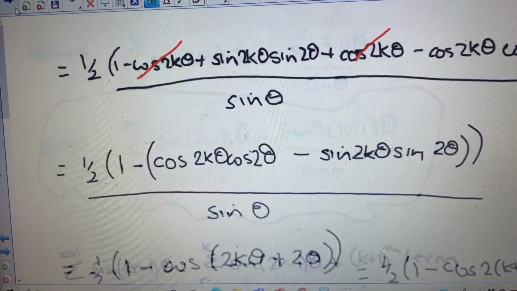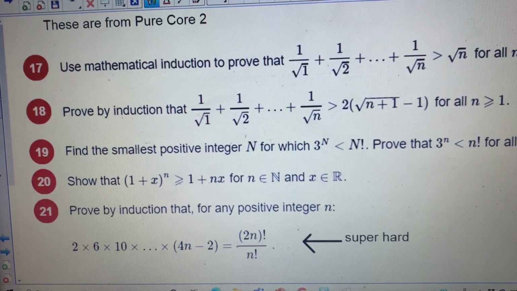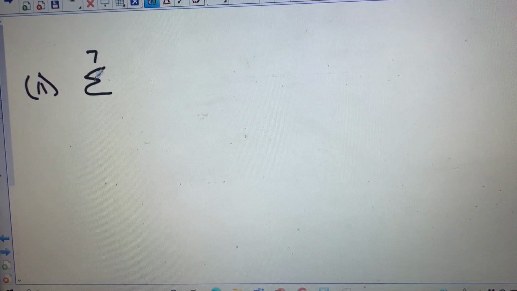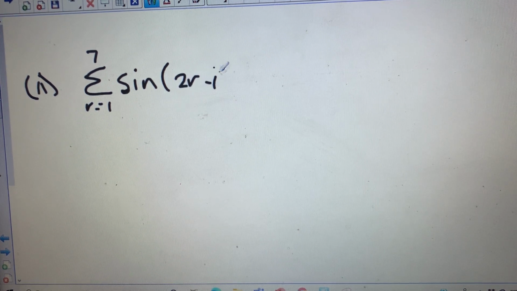So what you're doing in this last bit, part 2, is finding your sum from r equals 1 to 7, and it's going to be your sine of 2r minus 1, and your angle is pi over 7.